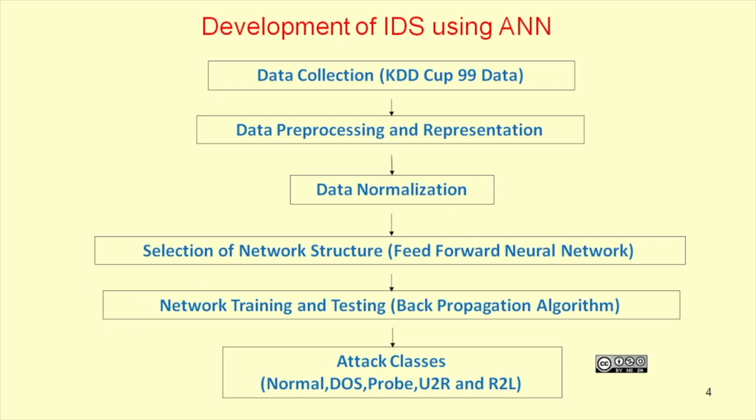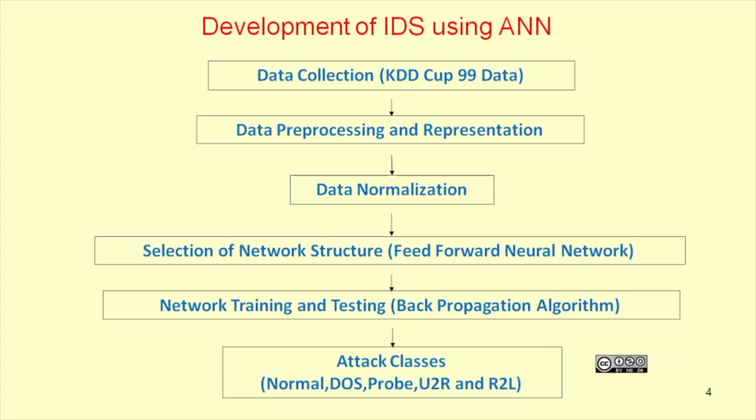So, when you look at it, the complete flow of using the neural network for detecting the intrusion is, first you should look for the data. The data that is used is the KDD CUP 99 data.